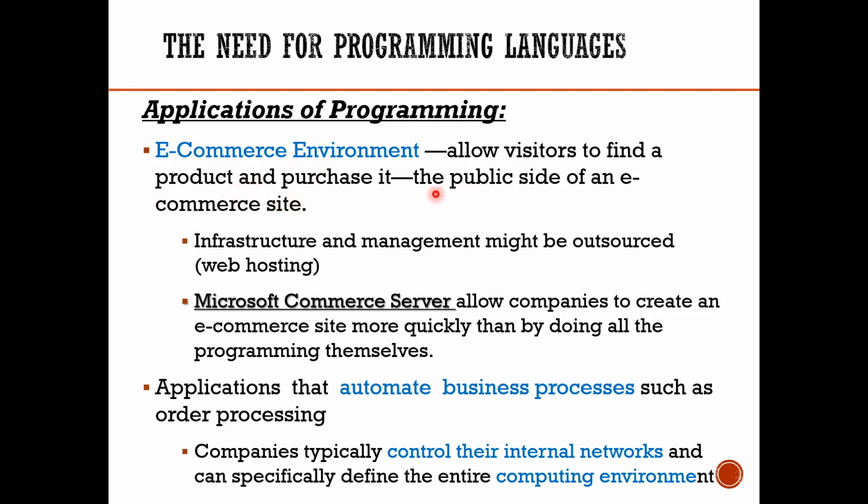So the user should be able to interact highly with that website. This is a very good example of a dynamic web page where programming should be integrated a lot. It is regarding infrastructure and management that might be connected.